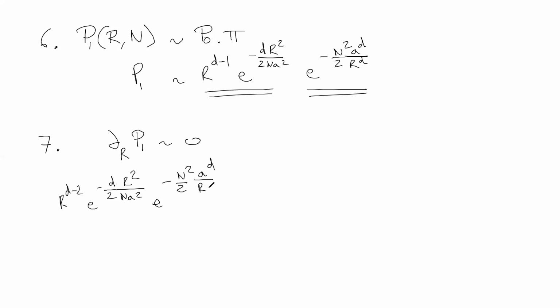Now I have another term which is coming from the derivative of that quantity. So I keep the prefactor d minus 1 that was present here. And I just have this minus, so I forget the prefactors. I have minus r over n squared. And then I keep the 2 exponentials.